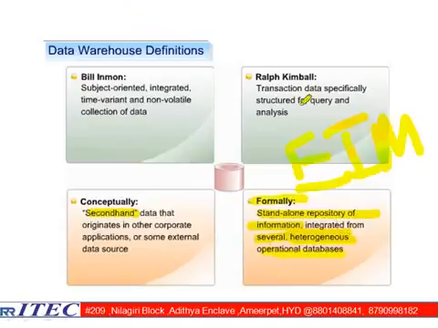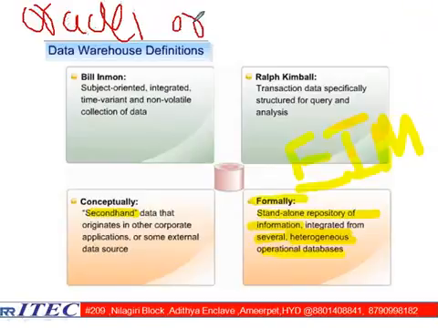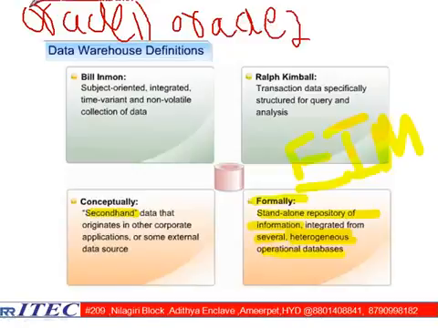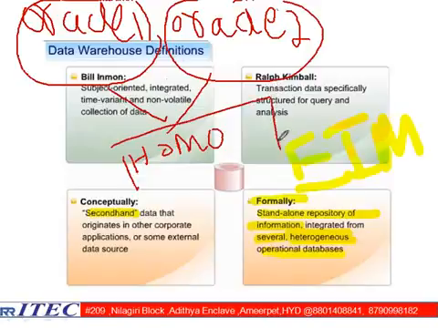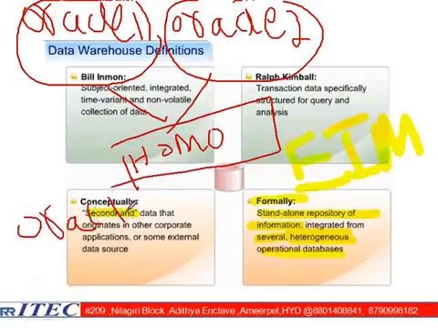If I take one Oracle database, Oracle database 1, and another Oracle database, Oracle database 2, and the properties of these two Oracle databases are the same, then I can say these two things are homogeneous. Suppose I take an Oracle database and a SQL Server database.